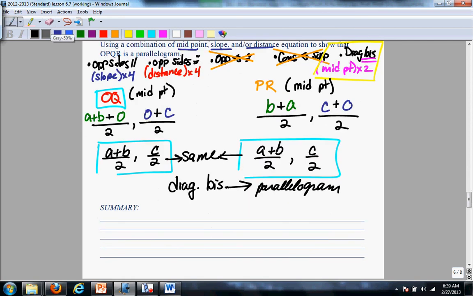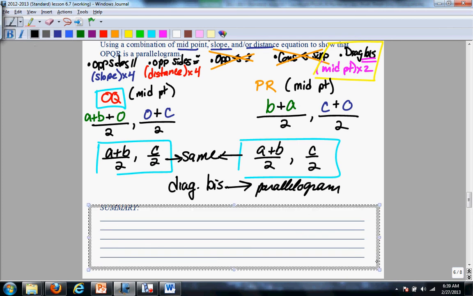So let's summarize this down below. First thing, we were given a quad OPQR with O at 0, 0.